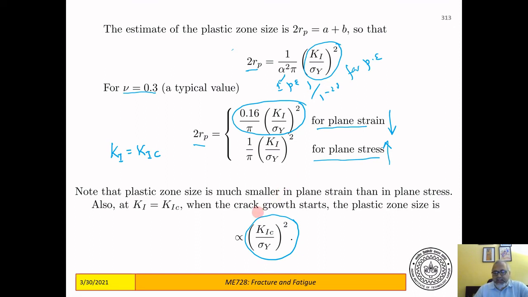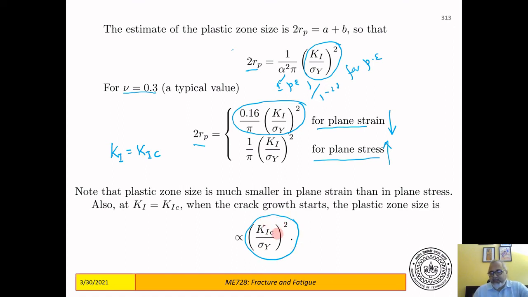Remember, this whole thing has units of length, and K1C is an experimentally determined parameter. Sigma y is also an experimentally determined parameter. So for any material, you can calculate this quantity.